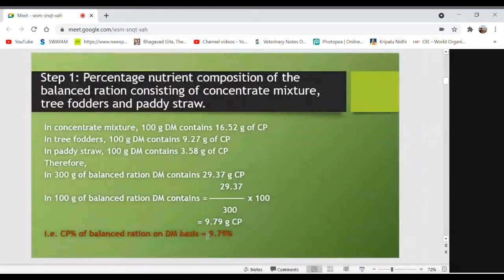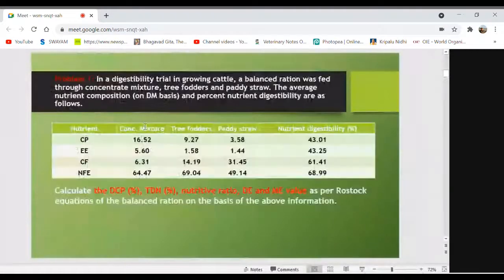Okay, that means you have to calculate the CP percentage, ether extract percentage, crude fiber percentage, and NFE percentage of the combined ration, that means the balanced ration, composite ration, consisting of concentrate mixture, tree fodder, and paddy straw.